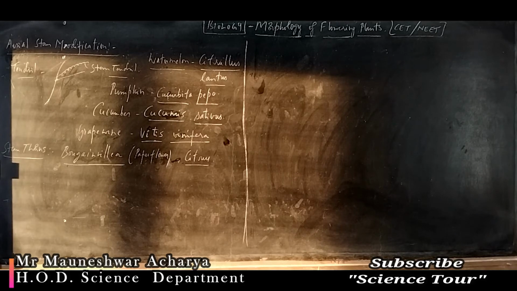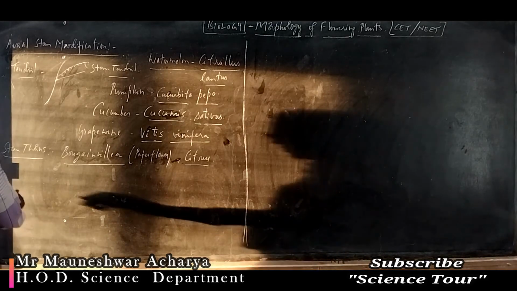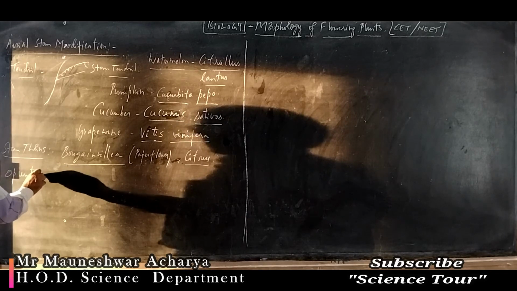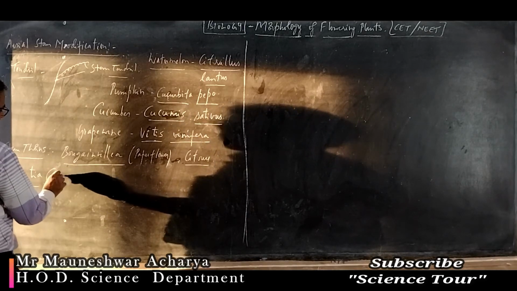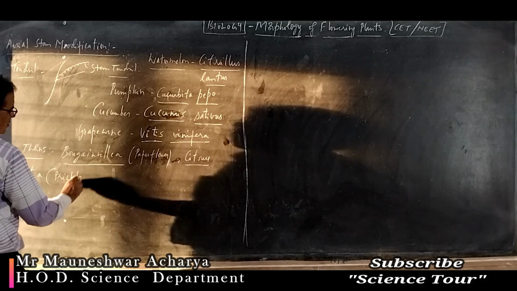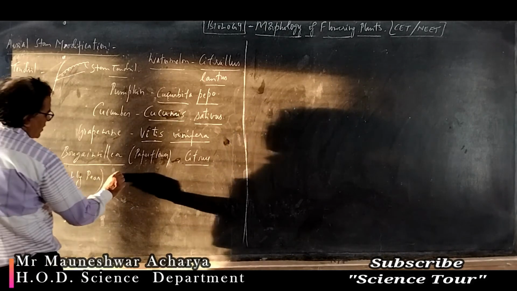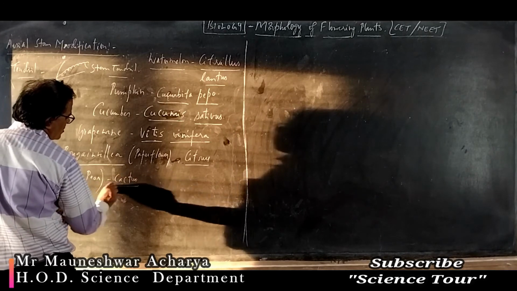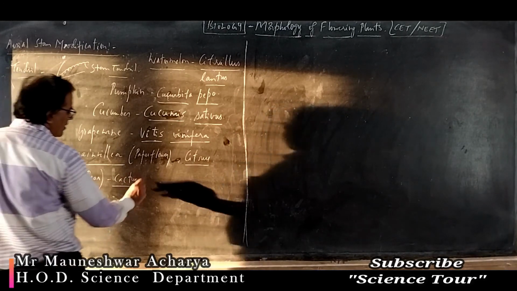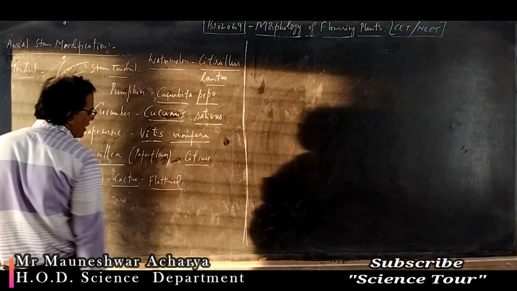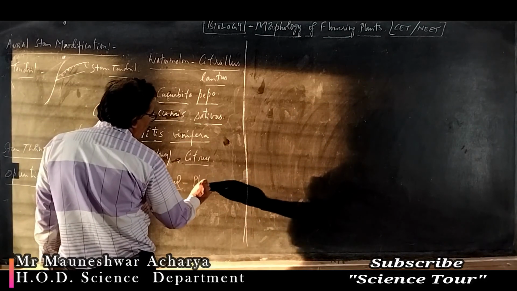For example, in case of Opuntia, it is a type of cactus, commonly called prickly pear. Here the stem is flattened, green and photosynthetic, and this is called phylloclade.